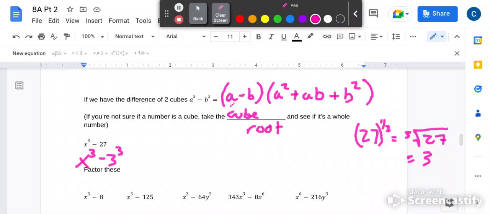So meaning that our a and our b are x and 3. If we have x cubed minus 3 cubed, one parenthesis is going to be x minus 3. The second parenthesis: a squared, so x squared, plus ab, so plus 3x, plus b squared, b is 3, so plus 9.